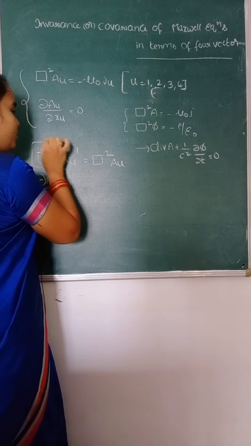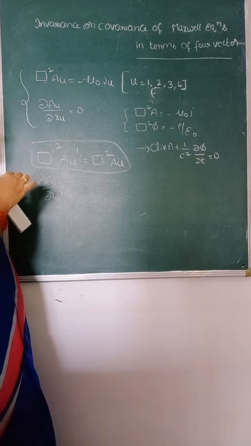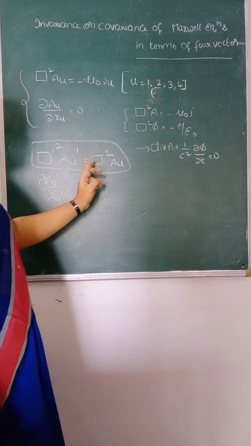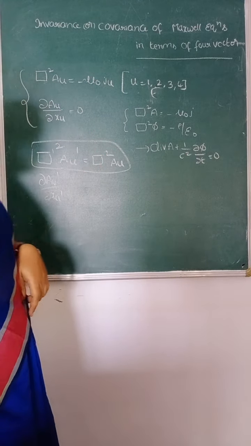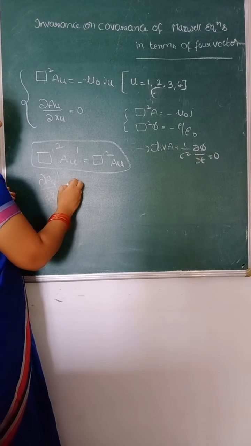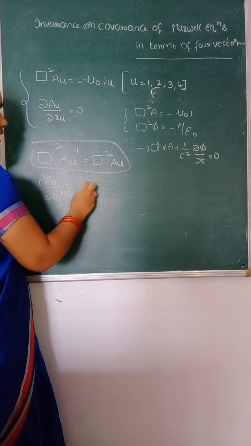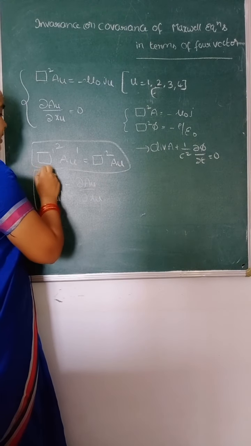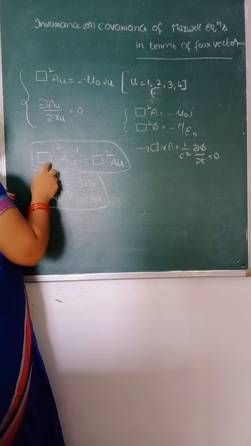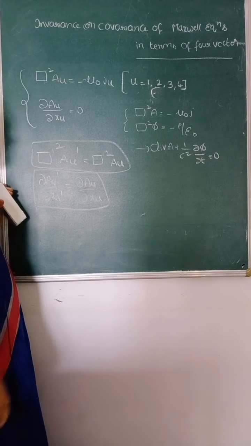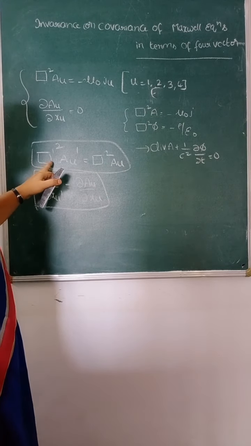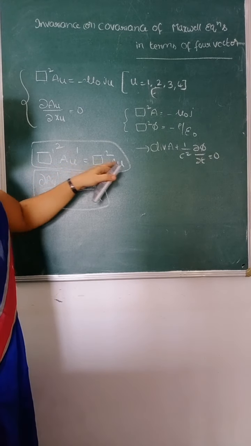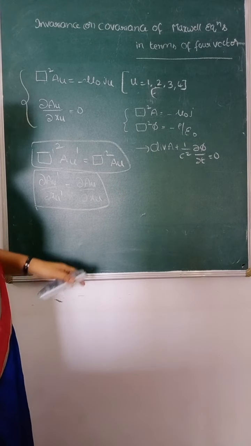If you prove these 2 equations are the same, then we can say that the Maxwell's equations are invariant under transformation. And we should also prove that these two equations are one and the same. Then we can say that with the Lorentz condition, the Maxwell's equations are invariant. So our aim is to show del dash square A_mu dash is equal to del square A_mu, where mu is equal to 1, 2, 3, 4.